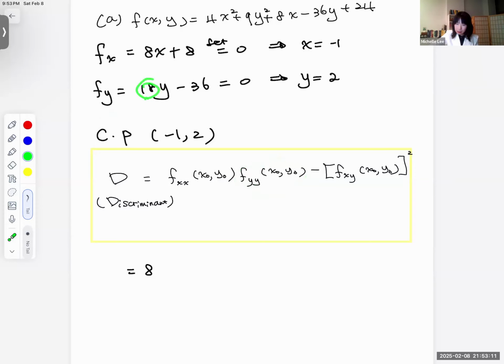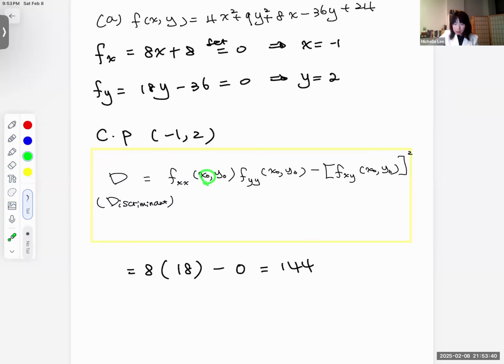So we have 18. And minus, the first is x, and the second is y, the mixed partial derivative. We don't have a y, right? So there will be 0. We don't need to square. Okay, then what do we get? It's 144.